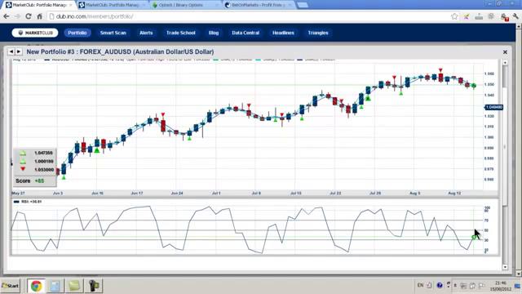Now the way I like to use it is I'm looking for strength. If I'm going to enter a trade and I'm looking for a call option to go up, I want to make sure that the strength of whatever I'm trading, and we're going to look at 1 hour trades shortly, is over 50. If it's over 70, it's even better for me.